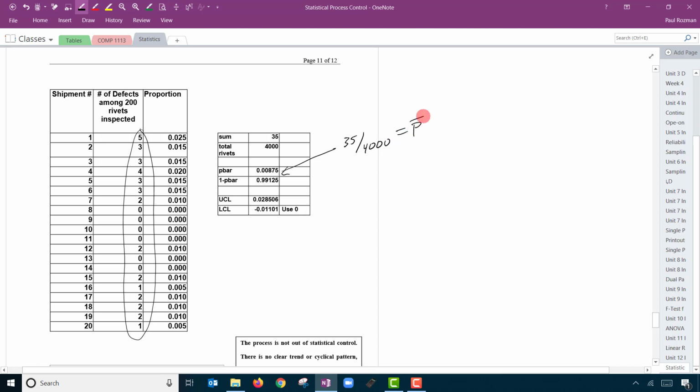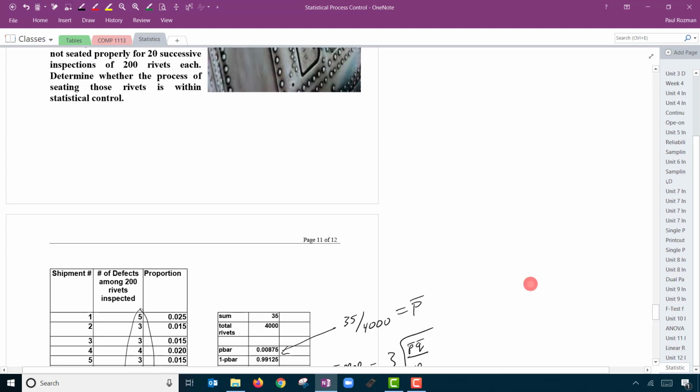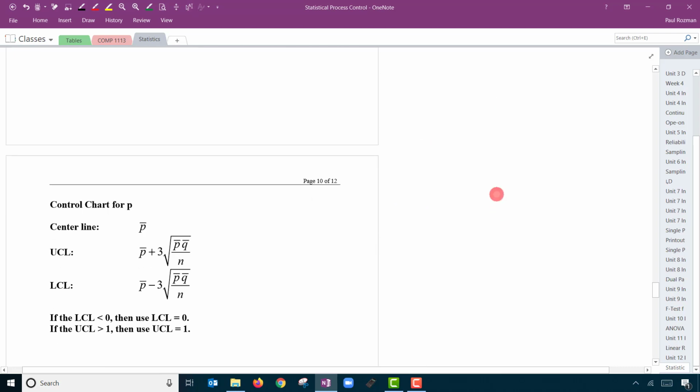And then Q bar is 1 minus P bar, the percentage of okay rivets out of the 4,000. We then determine our upper and lower control limits. Basically, the error is 3 times the square root of P bar Q bar over N.